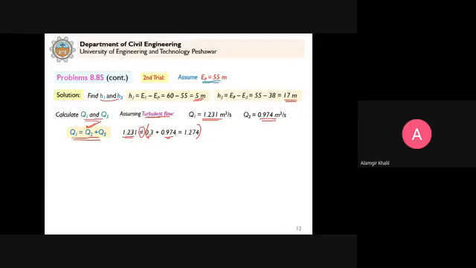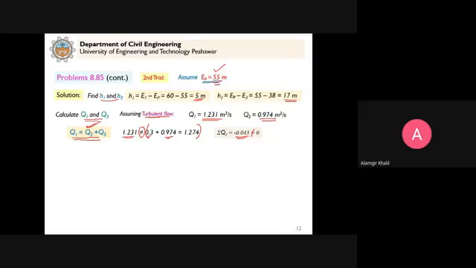If left hand side equal to the right hand side, then this 55 meter will be correct. Clear? But again, now what is the situation? That summation of flows, inflows minus outflows, that comes out to be minus 0.043, not equal to 0.